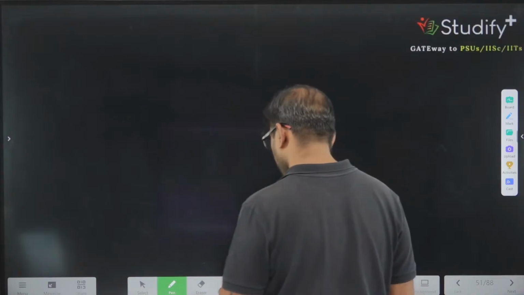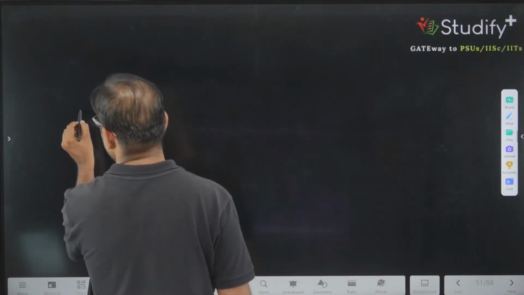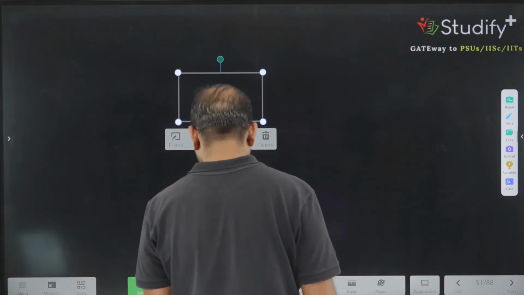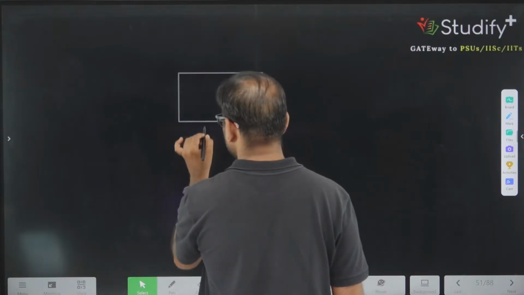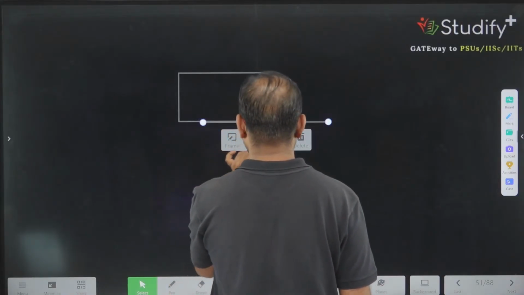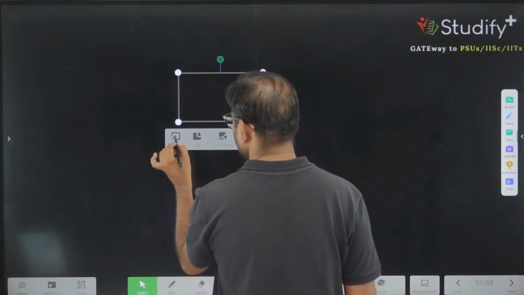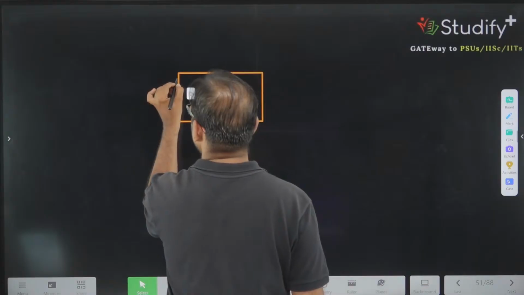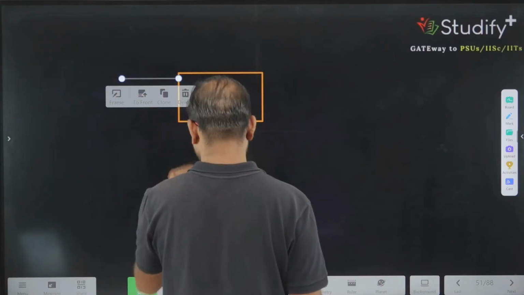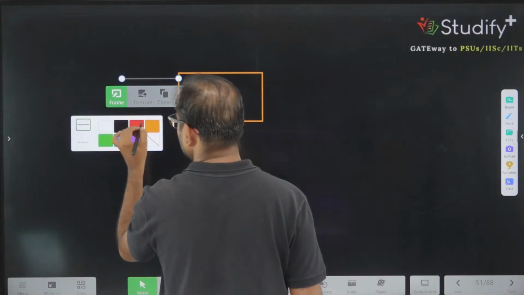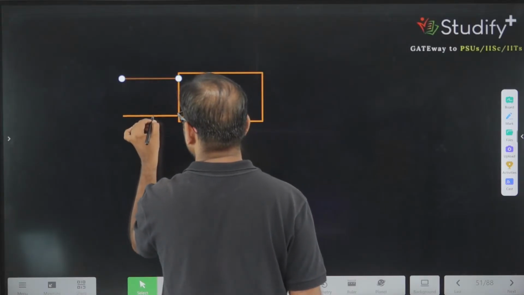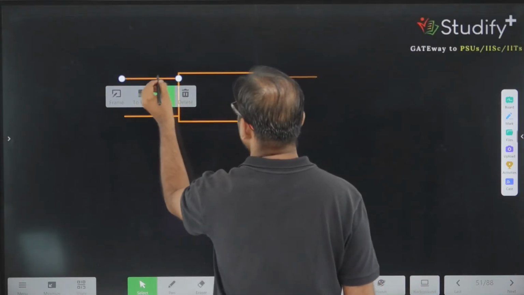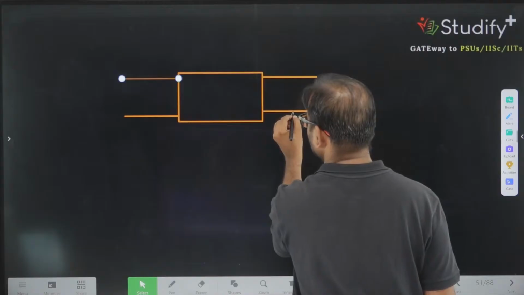So we are having here our two port network, and in this two port network we are having two input terminals, 1, 2, 3 and 4. Correct?